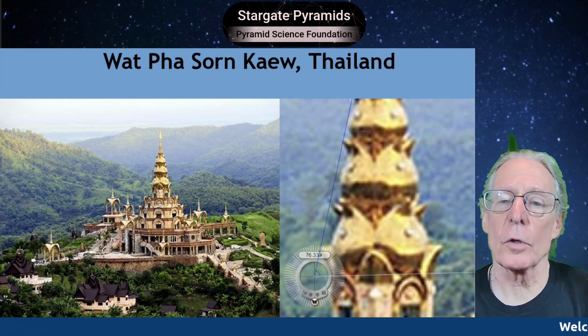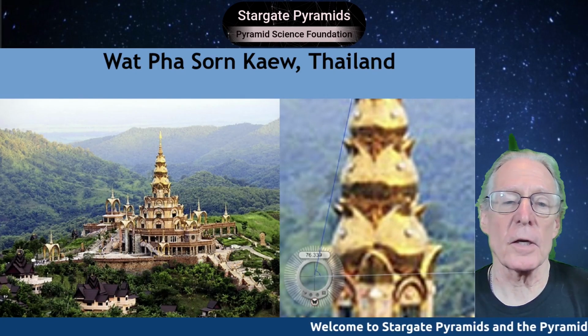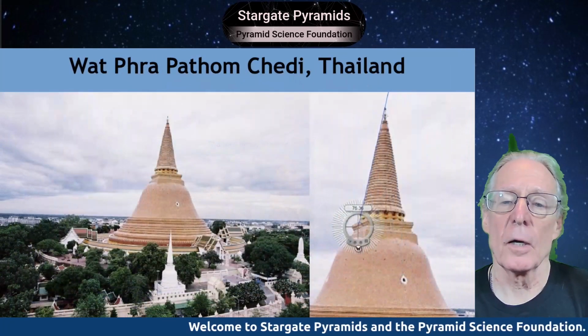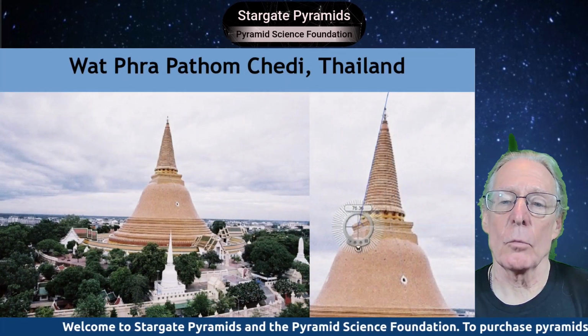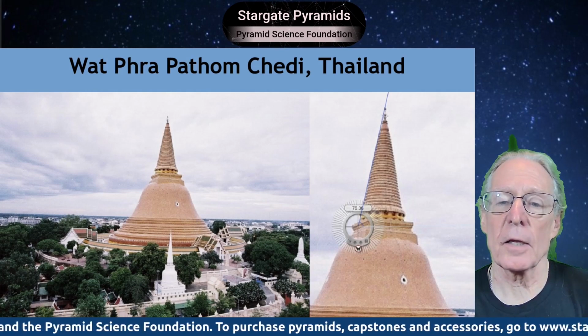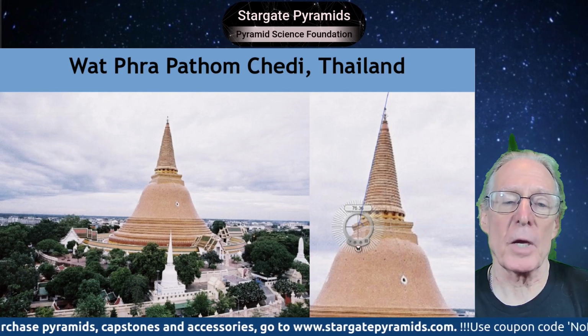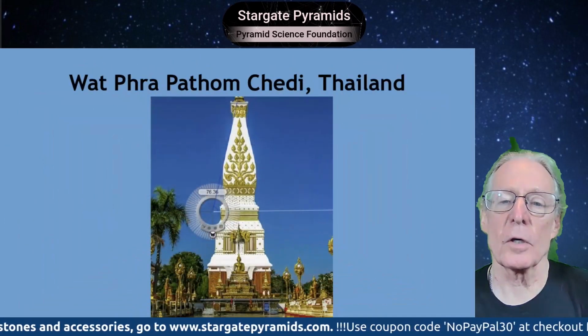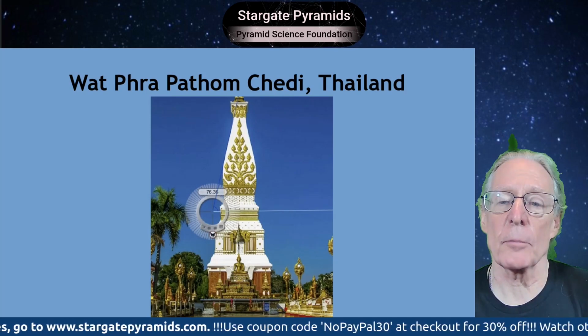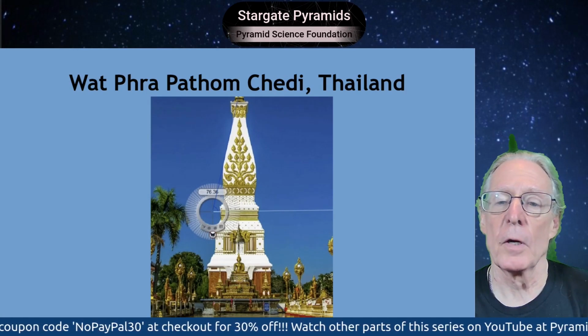Here's the Wat Phra Sorn Khao in Thailand, a beautiful facility nestled in the mountains. Here's another one, the Wat Phra Pathom Chedi in Thailand. Notice it looks more like a traditional bell at the base. Here's an example of another type of structure, the Wat Phra Pathom Chedi in Thailand as well.